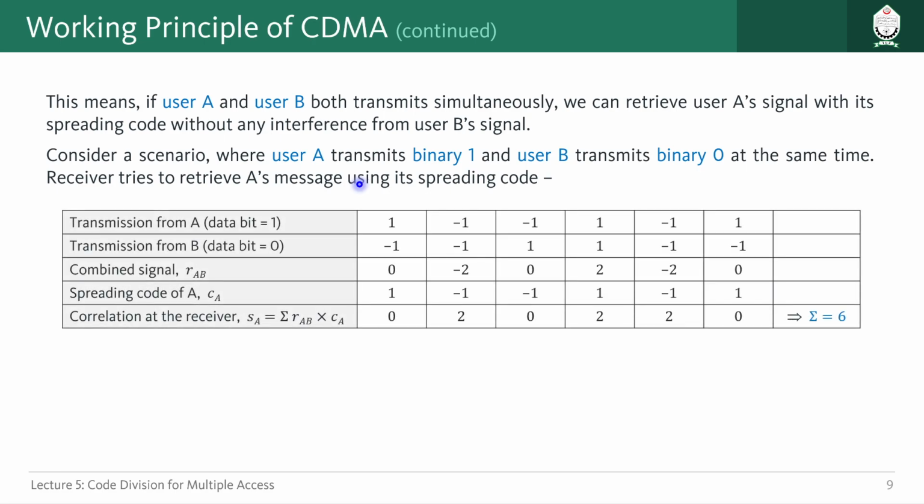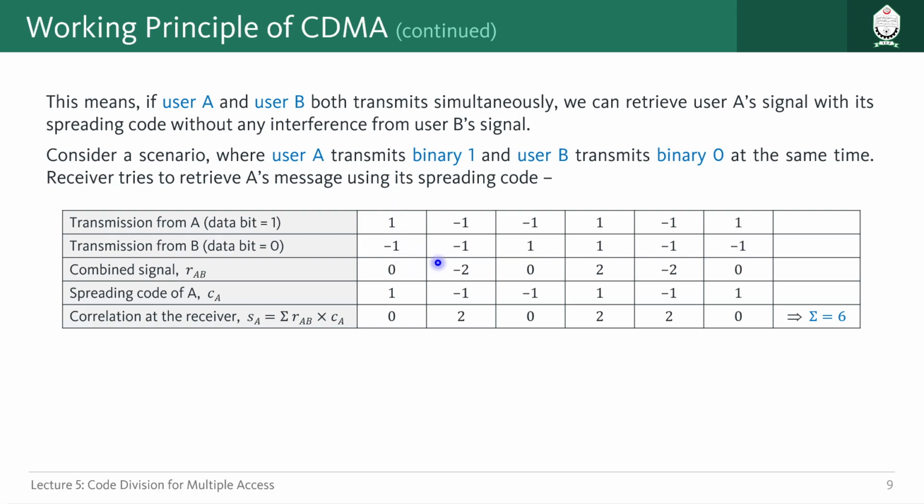Now to understand that, look at this particular table. Obviously the transmission from A is data bit 1 because it is transmitting binary 1. So that is just this particular sequence, the spreading sequence of user A. For user B, data bit 0 should be transmitted. So here we are taking the complement of the spreading sequence of user B, and at the channel both signals will get mixed up, right?